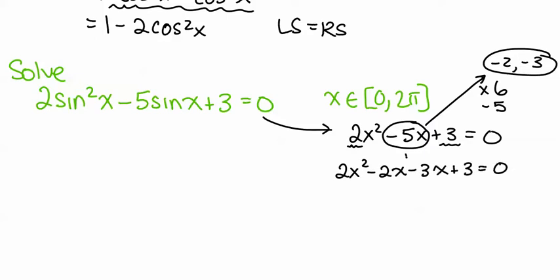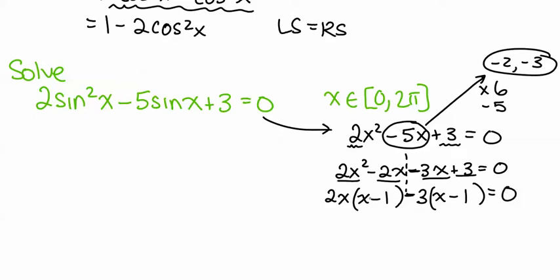And then I'm going to split my equation in half, and I'm going to factor it. So I'm going to factor out a 2x, which would leave me with just an x minus 1 from these two. I'm going to bring down that minus sign, and then I'm going to factor out a 3, which would leave me with just an x from here and a minus 1, because a negative and a negative make that a positive. And good thing my brackets are the same, because that's what I wanted.